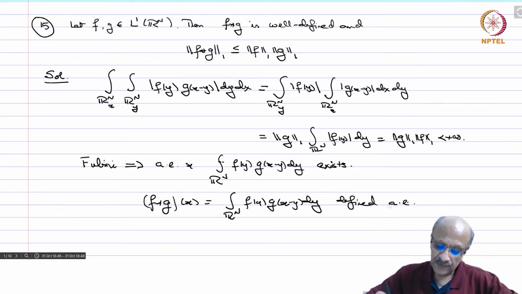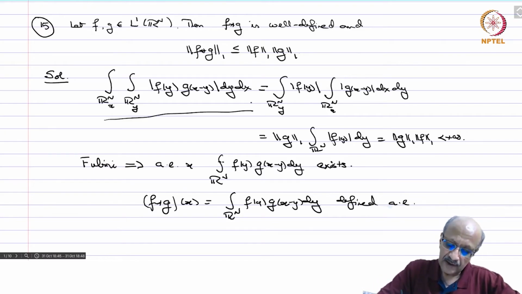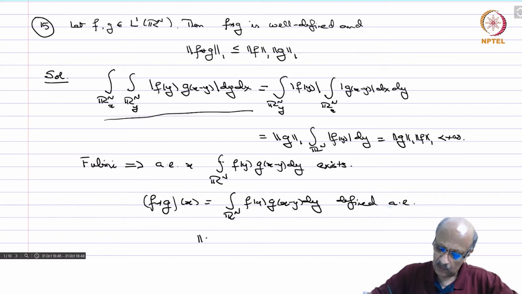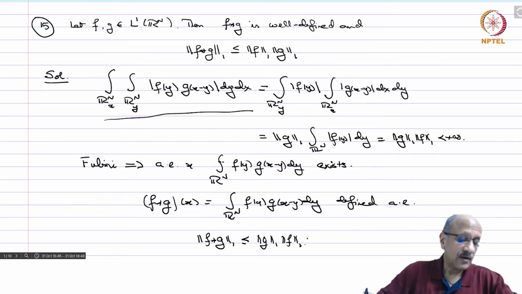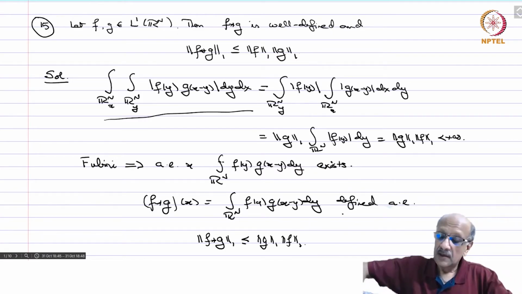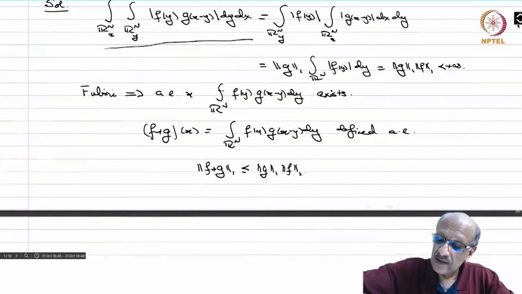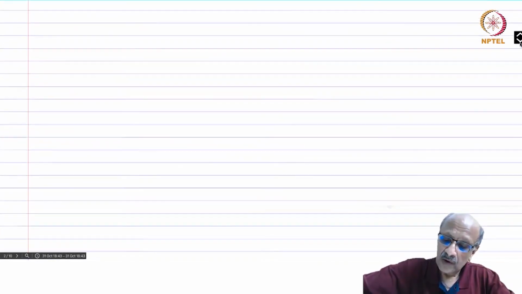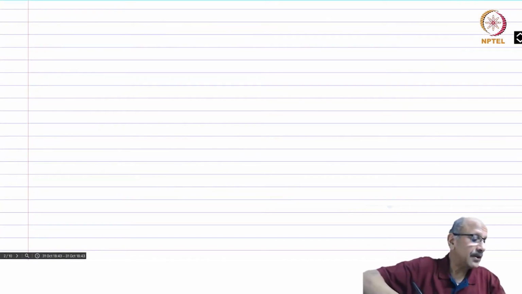Of course mod f star g of x is less than or equal to this quantity here, and therefore you have norm of f star g1 is less than or equal to norm g1 into norm f1. Okay, so that completes that exercise. This is much easier than the case when one of the functions is in Lp.